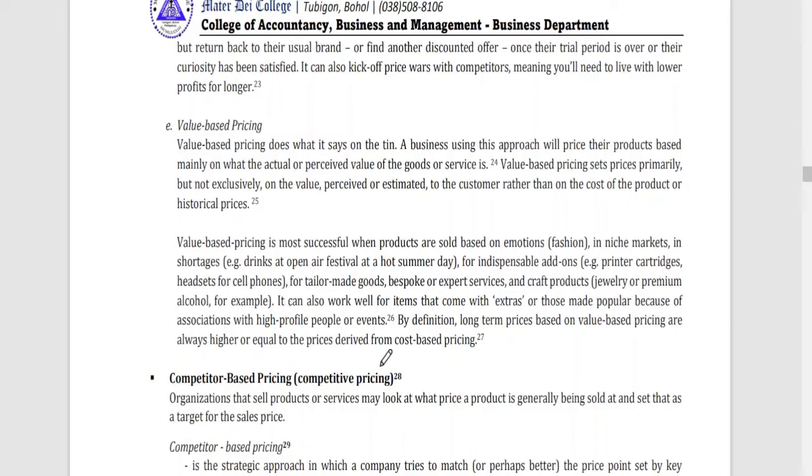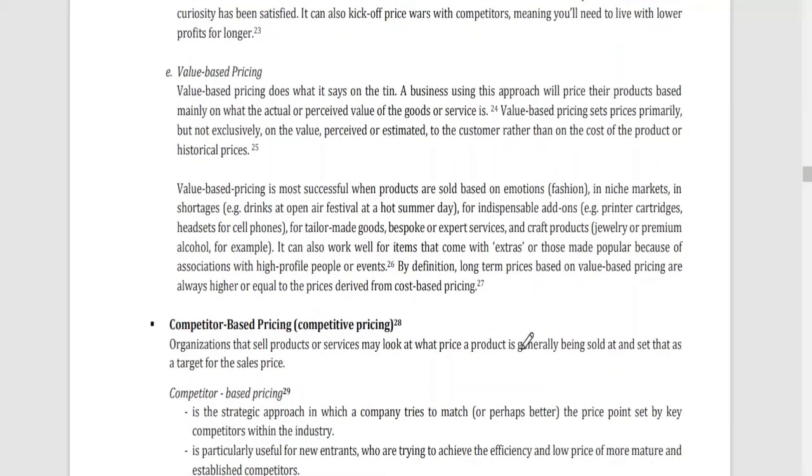and craft products like jewelry or premium alcohol, for example. It can also work well for items that come with extras or those made popular because of associations with high-profile people or events. By definition, long-term prices based on value-based pricing are always higher or equal to the prices derived from cost-based pricing.